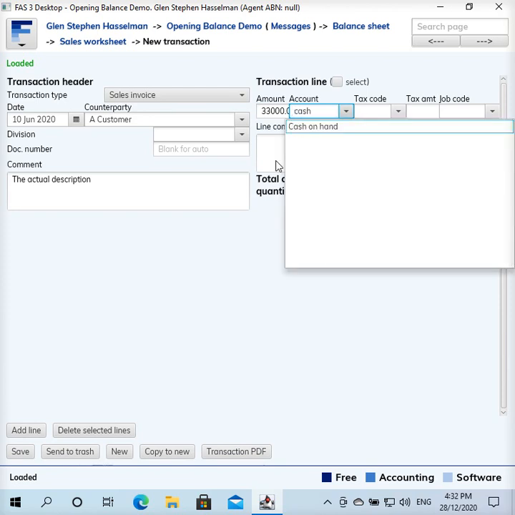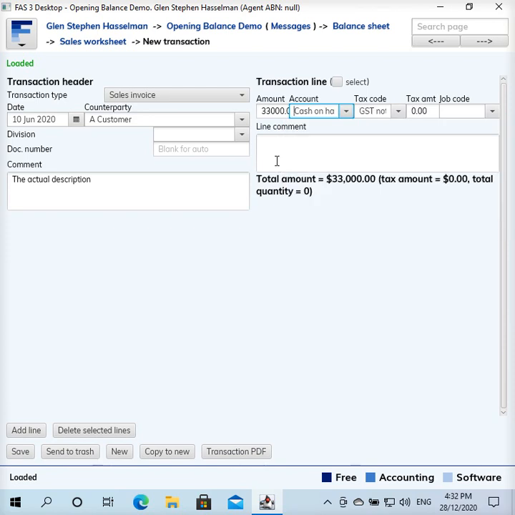Now I'm just going to put the cash on hand account because that's the account we're using as that clearing account. So I'm just going to be putting all these kinds of things there, and we'll clear it out in a moment.